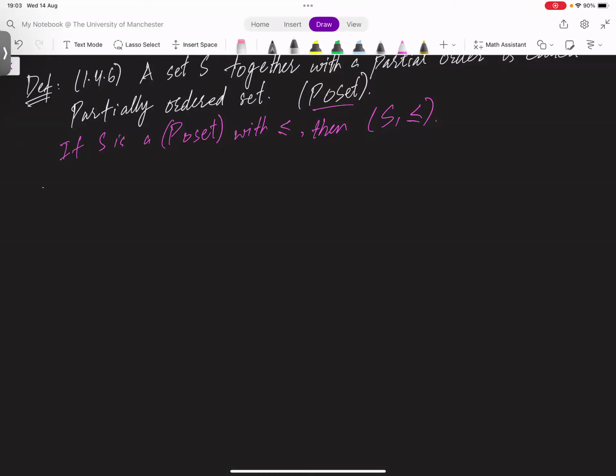Now, another point is, if we have a set S, let S be a poset. So it has a partial order on its elements. And we take two elements from this set.